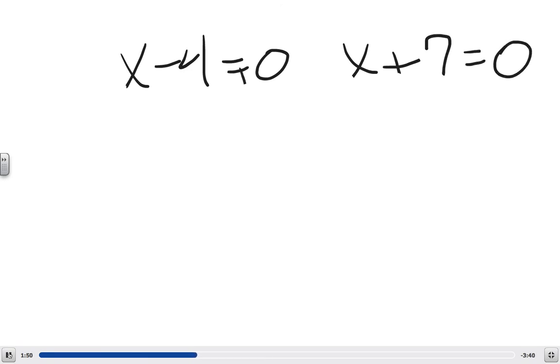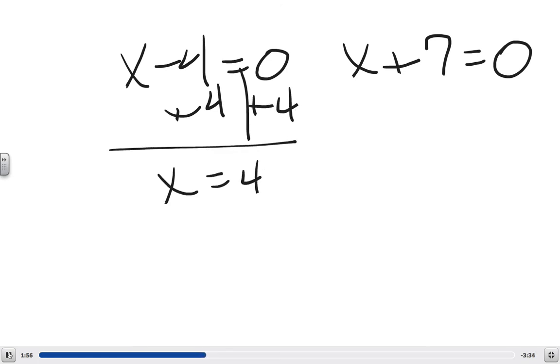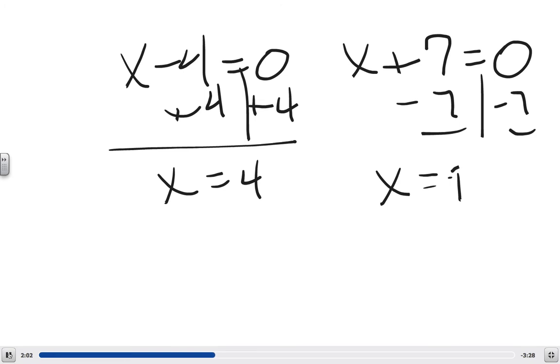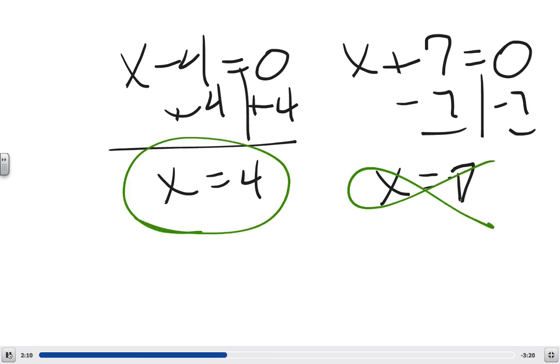Well, when I solve for x, I add 4 to each side, and so x is equal to 4, and I subtract 7 from each side, and so x is equal to negative 7. Now, we're looking for a distance and a measure. So can we have a negative value? No. That means that the value of our distance of the outside secant is 4.